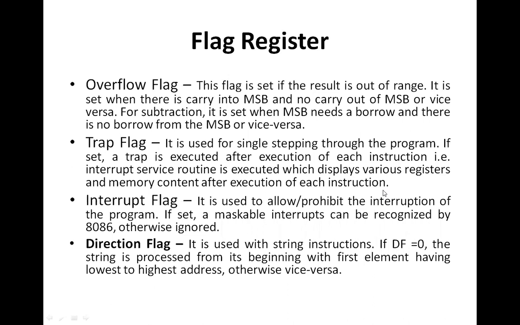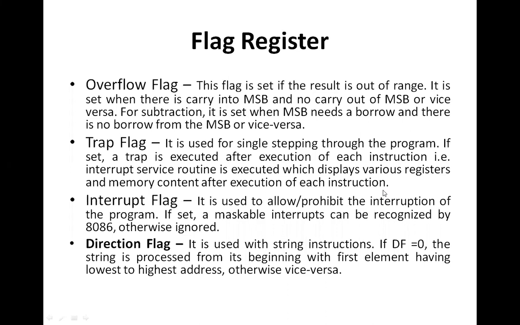If any device wants to interrupt the processing of 8086, the interrupt flag should be enabled. Otherwise, it cannot be interrupted. This facility is not available in 8085. Whenever an interrupt comes, it is unconditional. It has to be handled by the processor.